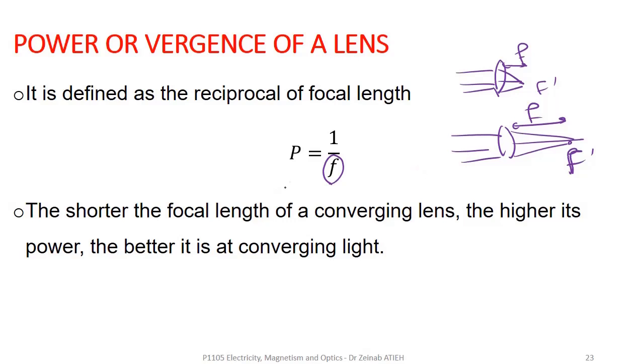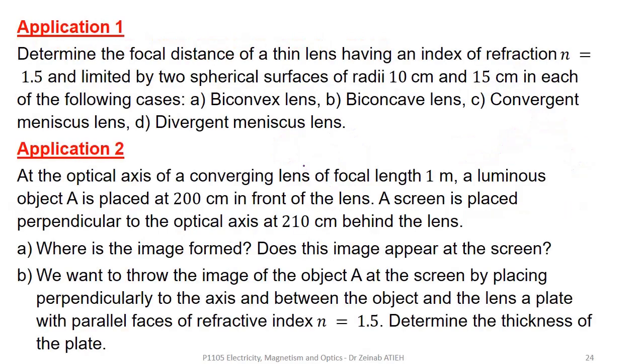So the power of a lens is defined as 1 over F, where F is the focal length of the lens. So the shorter the focal length of a converging lens, the higher its power and the better it is at converging light, and the same goes for the diverging lens. So P is equal to 1 over F. Now we will not use this P in this part of the lesson, we will use it more in the second part. When we work on it I will explain power again.